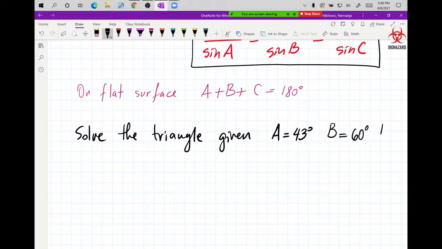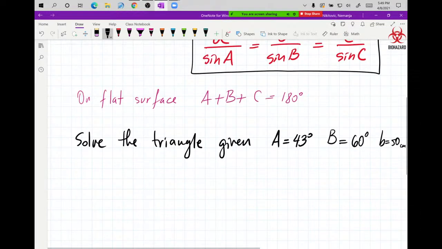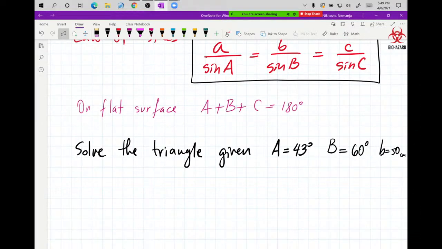And side b is, let's say, 50 centimeters, let's say. So we can draw this.